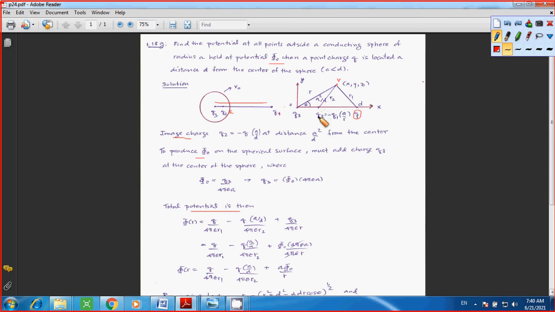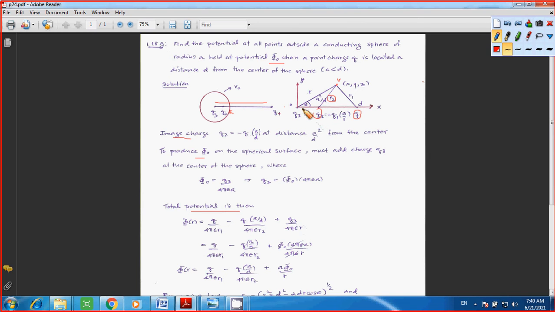And plus the potential from q2, which is negative q a over d, divided by 4 pi epsilon r2. This is your r2.